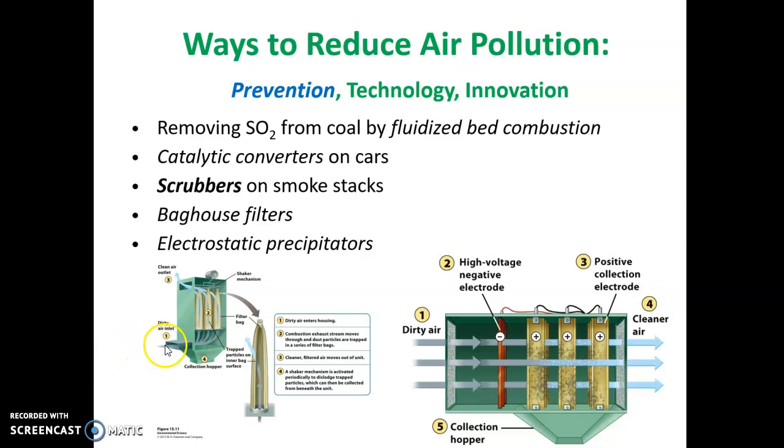Dirty air is sent into this unit, and then it enters these series of filters that are almost like a vacuum cleaner bag, if you will. They have the larger particles, the air pollutants, stay within the filter, and the smaller clean air molecules pass through the filter, and then the clean air is outlet there.